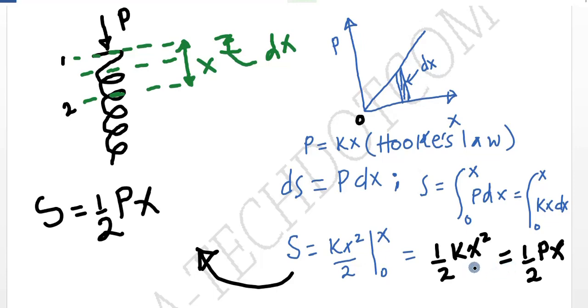And since Kx is P according to Hooke's law, then this S is going to equal a half P X. Therefore, the expression to determine the strain energy stored in a valve spring when you compress it by maximum compression X by a maximum force P is the total work done in compressing the valve, S equals a half times the maximum load that has been applied times the extension it has undergone.